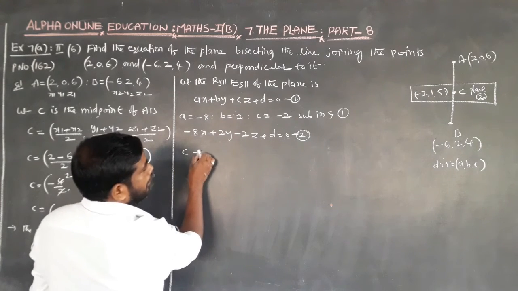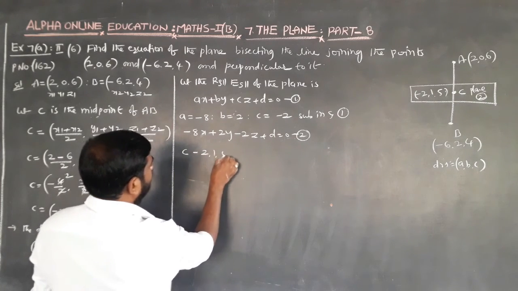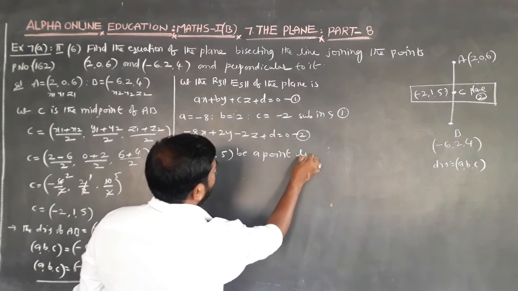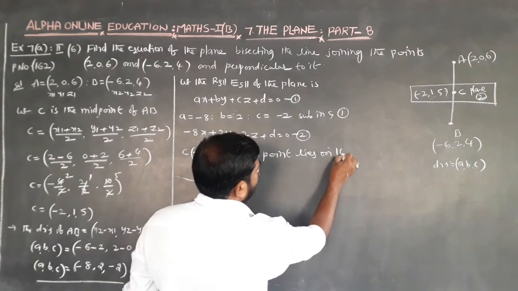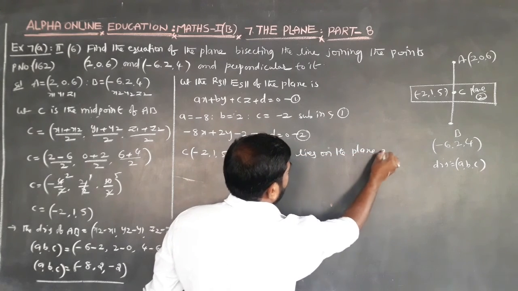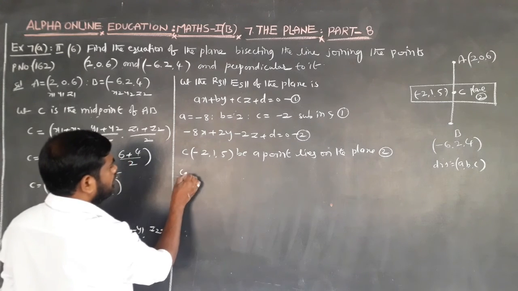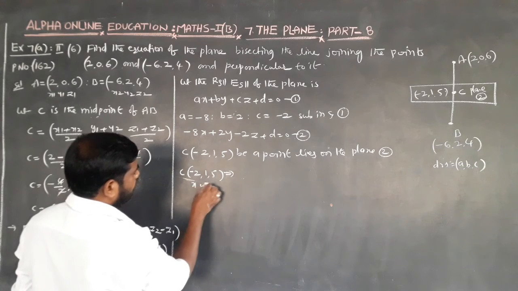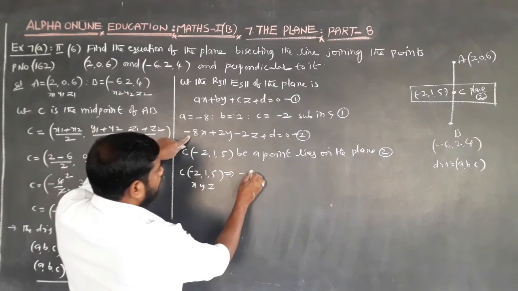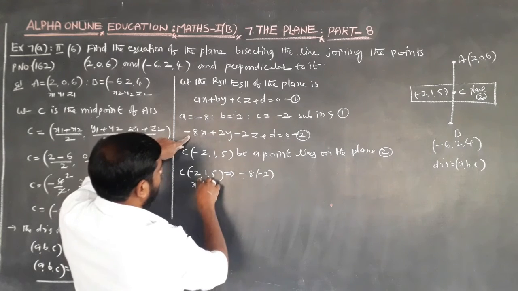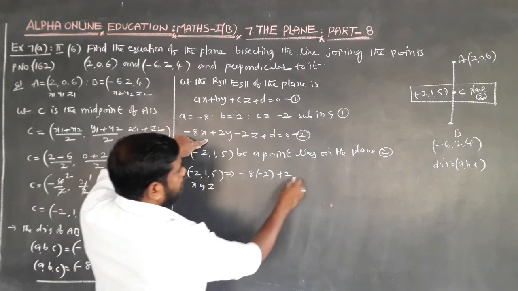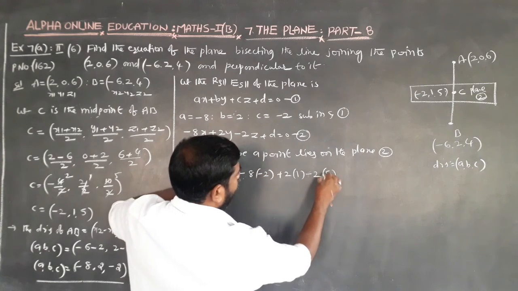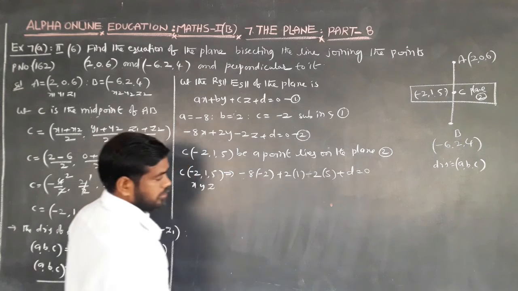So substitute C in equation 2: minus 8 into minus 2 plus 2 into 1 minus 2 into 5 plus d is equal to 0.